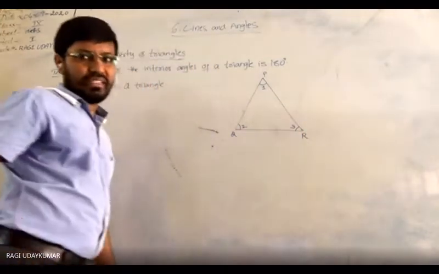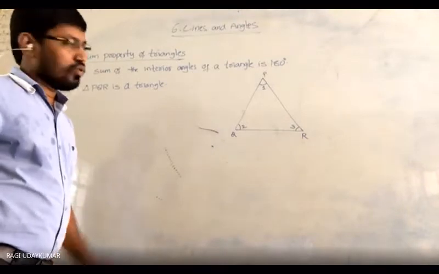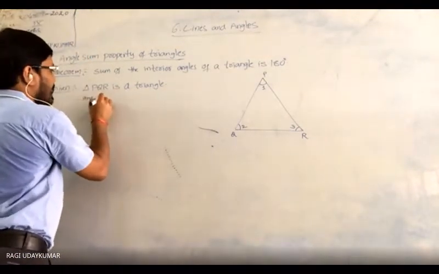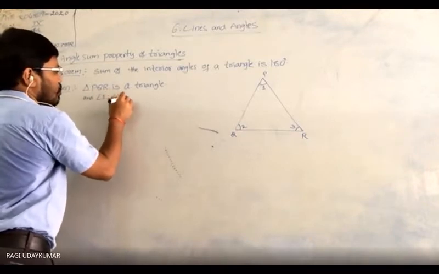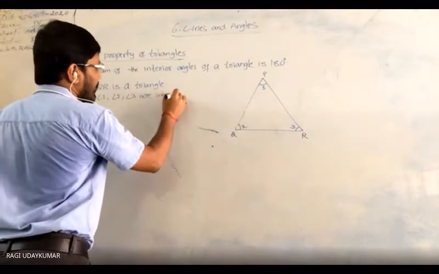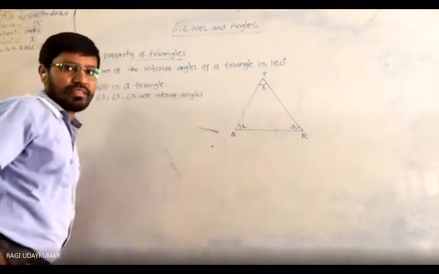Three names let us give here. So angle 1, angle 2, angle 3 are the interior angles of triangle PQR. These three are called interior angles.